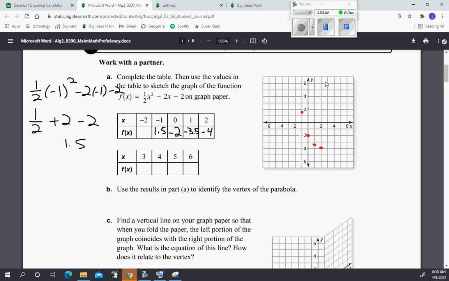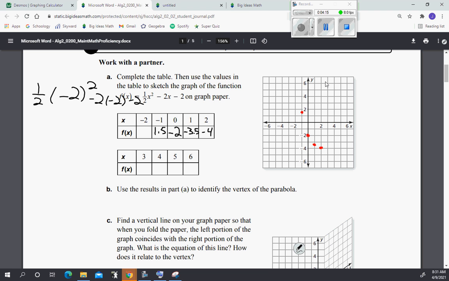And then how about when x is -2, sorry. 1/2 times -2 squared minus 2 times -2 minus 2. -2 squared is 4, so 1/2 of 4 is 2. -2 times -2 is 4, so that's going to be +4 minus 2. 2 plus 4 is 6, minus 2 is 4.